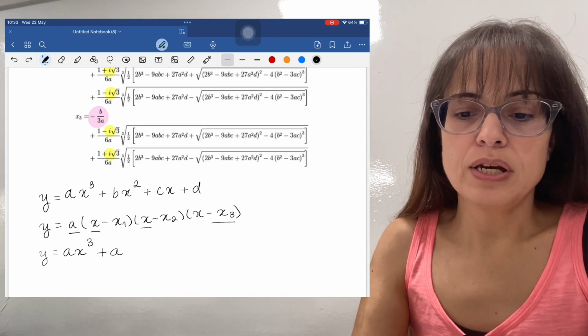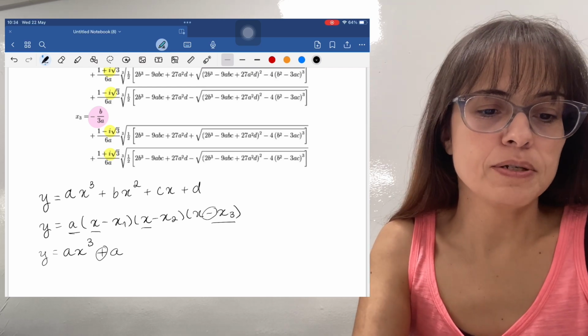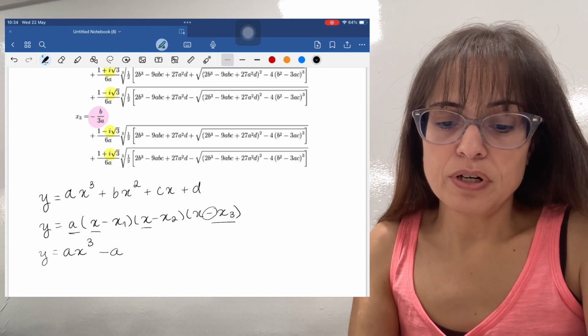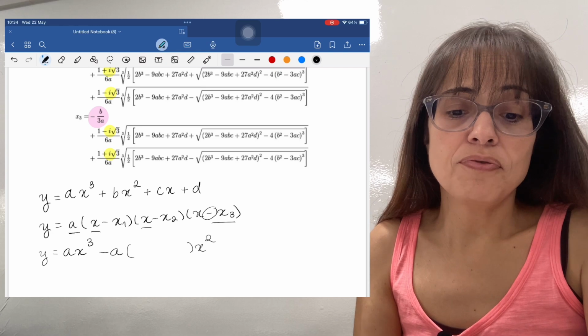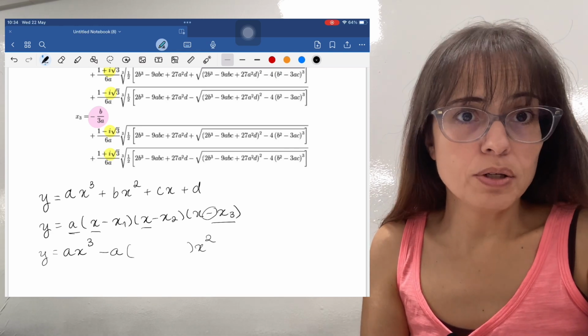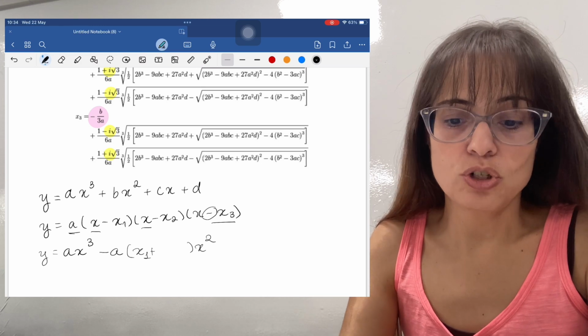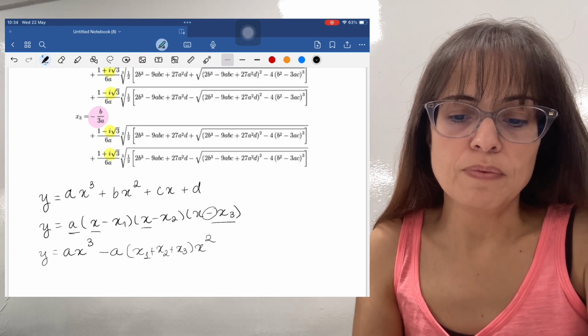And in all three cases, we are getting a negative sign here, so I'm going to change this plus to a minus. And there is an x squared here, but I'm going to put it a little bit later. So remember, the first time we had an x1 multiplying the x squared, and then the second time we had an x2 multiplying the x squared, and finally we also had the x3.